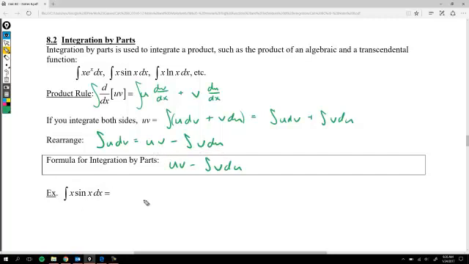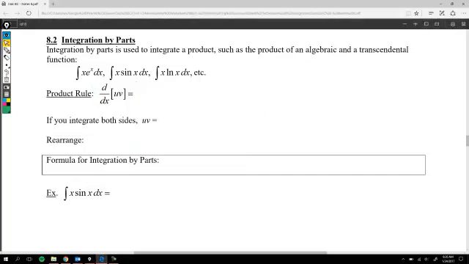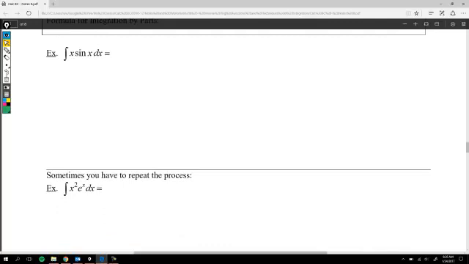So let's try one. Let's do x sine of x. The first thing we have to do is establish a u and a dv. What I'm looking for in u is something easy to differentiate.